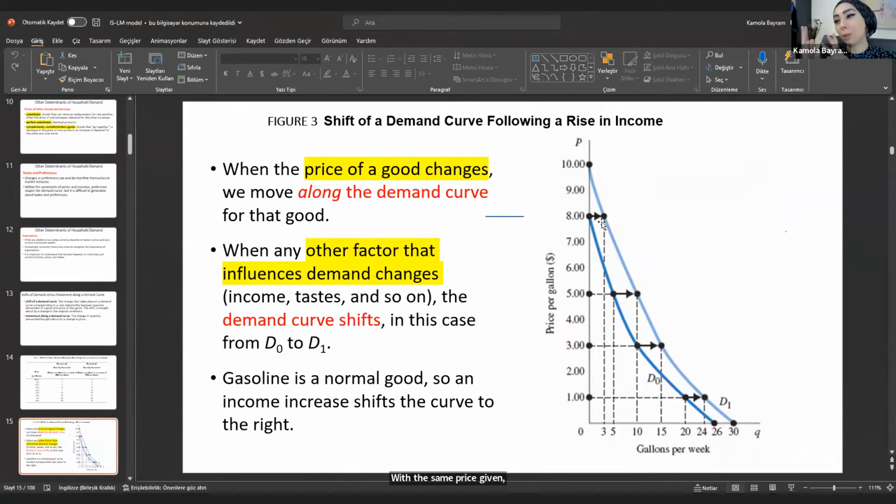But if your demand curve is shifting to the left, that is a negative picture. Let us say the prices of gasoline are the same, but suddenly the salary of Alex decreased, or he became unemployed.